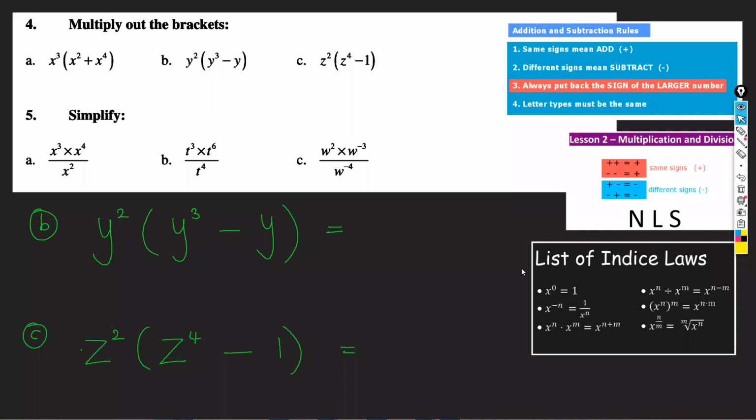All right, so let's see the mistake a few people made with part B. I think some people forgot like how you have this y by itself is really y to the power 1. And we multiplying because when you have something out directly outside the brackets in front, it's a secret multiply. So it's y to the power 5 minus y to the power 3. 2 plus 3 is 5.